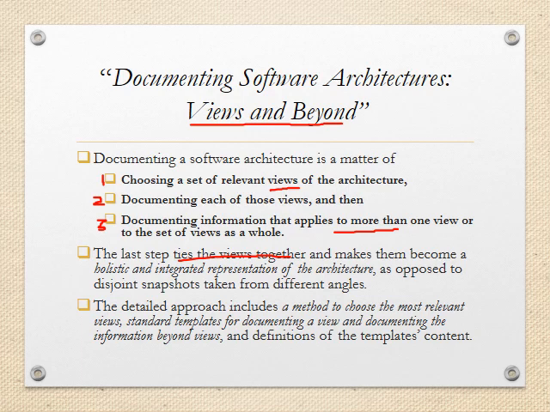The detailed approach includes a method to choose the most relevant views, standard templates for documenting a view, and documenting the view and documenting the information beyond the views, and definition of the template content.